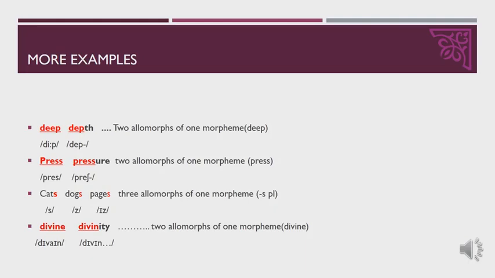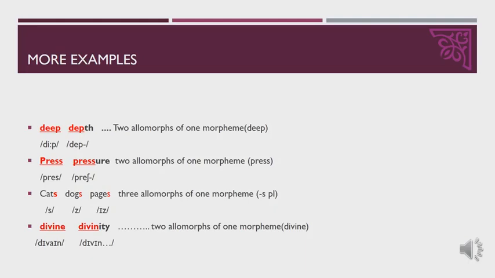When we add the derivational suffix th to this morpheme, it becomes depth. So instead of deep, we have depth. So it is pronounced as depth. Notice that deep and depth are two pronunciations of the same morpheme, which has the same meaning, but two different pronunciations.